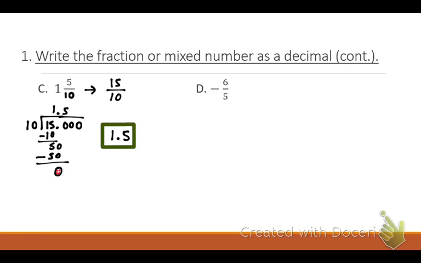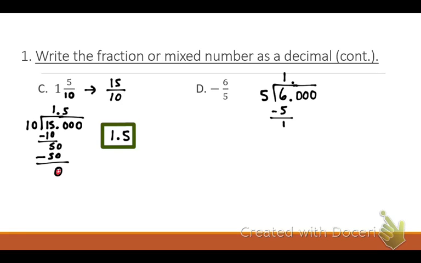All right, the next one's negative 6/5. What should I do, class? Divide. What do I divide first? 6. Very good. So let's write it down. 6 divided by 5. We'll put our decimal point and 3 zeros. Go ahead and bring your decimal point up to the top. Let's do this together. How many times does 5 go into 6? 1. What's 1 times 5? 5.